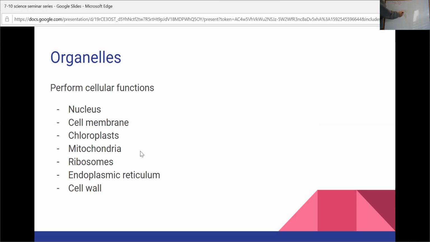So we have all the information stored here. We have the machinery for building it here. And then we have the Golgi apparatus, which then makes these little vesicles. So it's like a production line and then out into the selling. So the cell membrane.